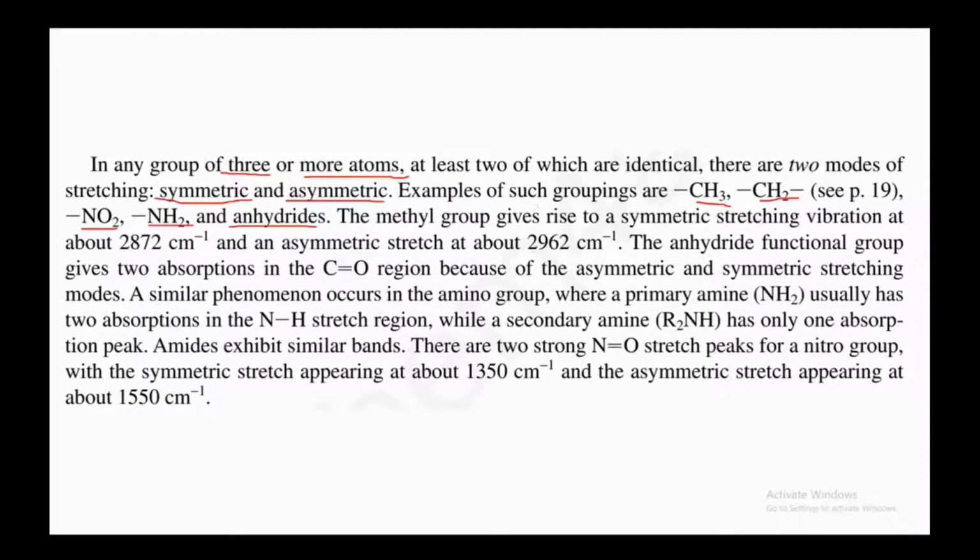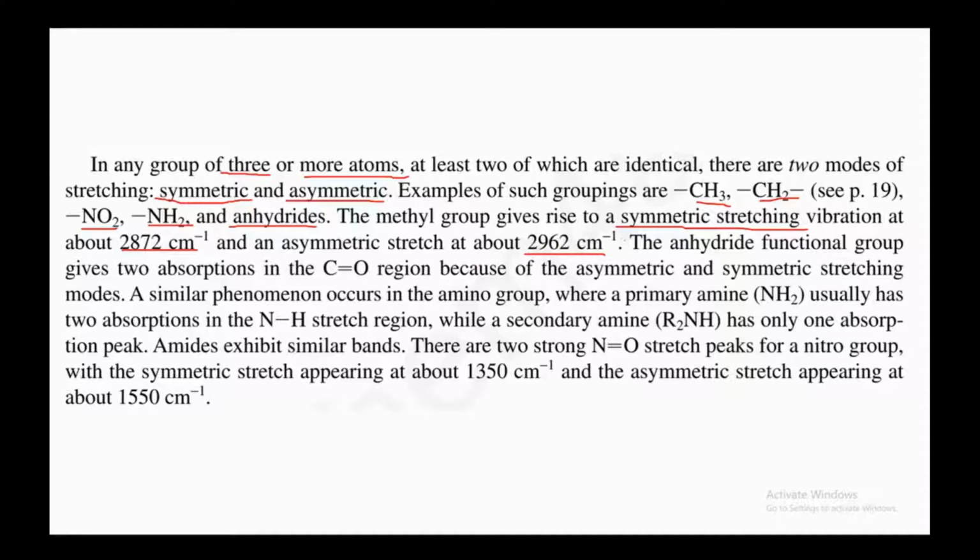The methylene groups give rise to a symmetric stretching vibration at about 2872 per centimeter and an asymmetric stretch at about 2962 per centimeter. So the CH2 and methyl CH3 groups give signals in these 2 regions.